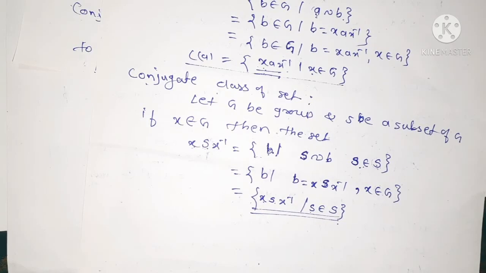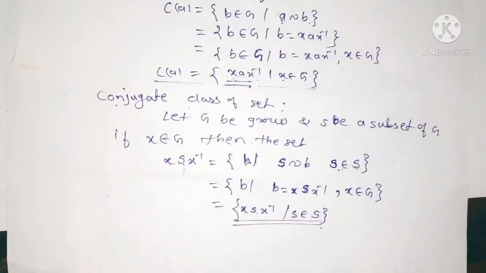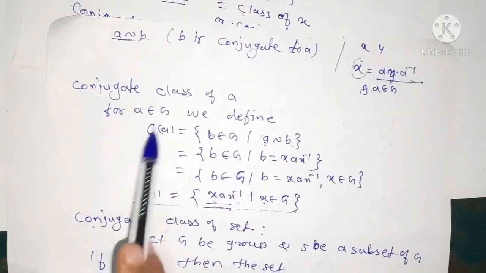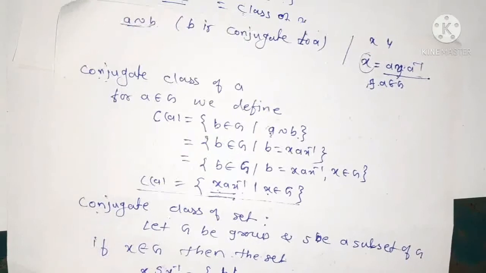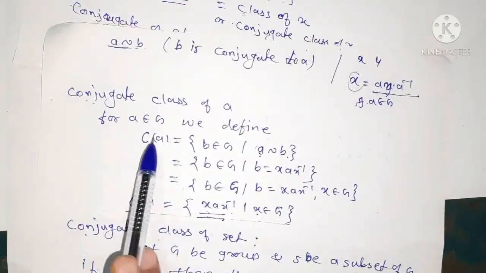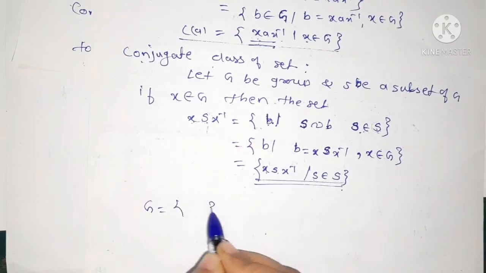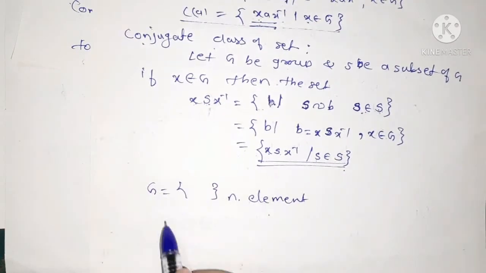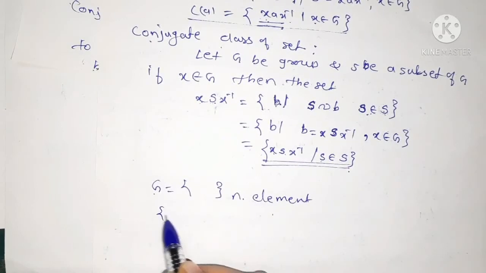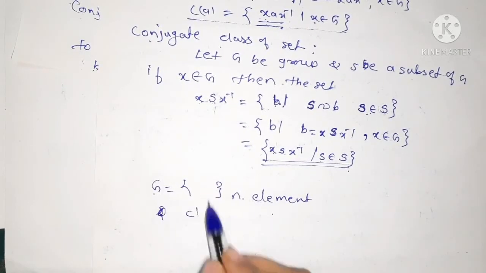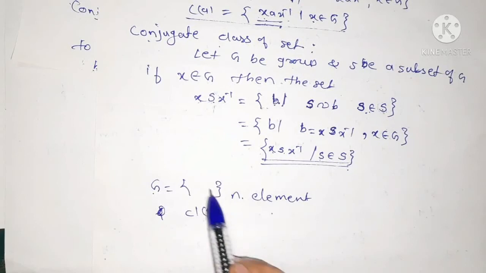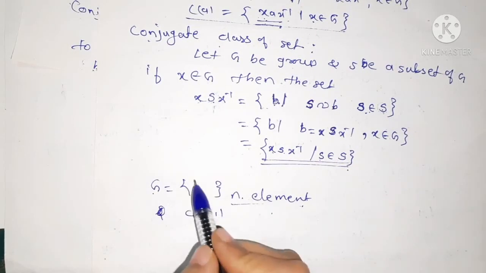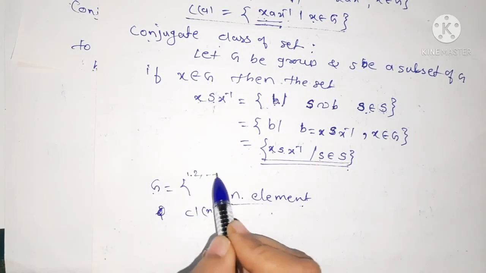As we have seen here the conjugate class of A, for every element we get a conjugate class. For example, if G contains a finite number n of elements, for this G we can define conjugate classes for all the n elements, which are nothing but 1, 2 and so on up to n.